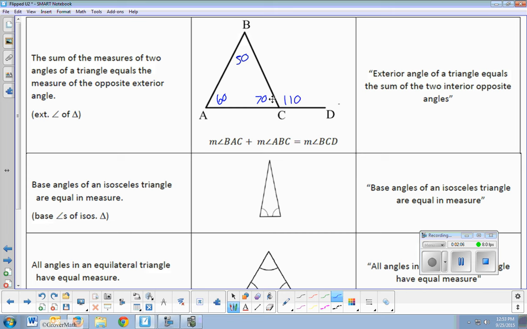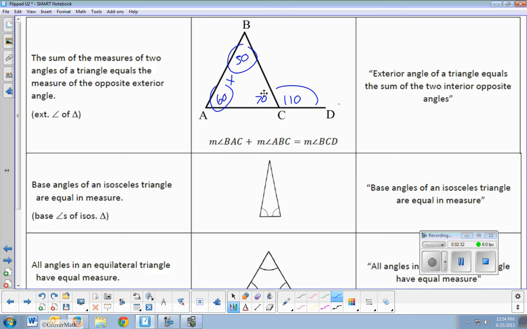Now because these two add to 180, and because these three add to 180, that means that these two together add to this exterior angle right here. If you didn't follow that, I'm going to do this in class as a proof. I don't want to spend the whole video showing you why this is the case, but it's kind of similar to how we proved vertical angles were equal with supplementary.